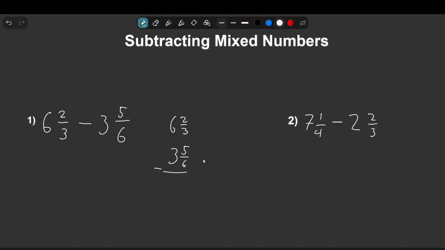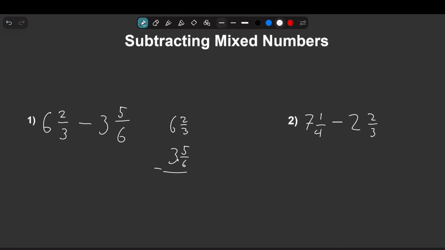So now what we want to do is get the denominator the same. So I hope you guys also thought of 6, because this will be very easy. We can also, of course, do 12, but in this case we are going to use 6 to make it a bit more easy on ourselves.